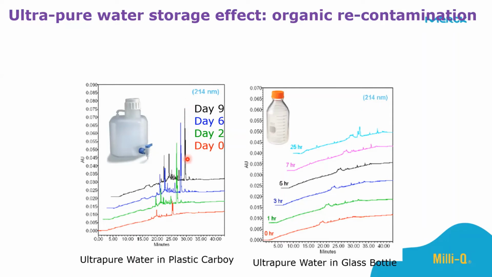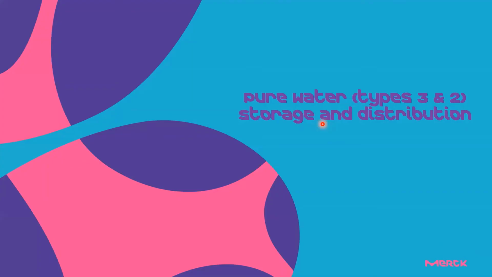And of course, this would really affect your experiments when it comes to HPLC. And this is not really so significant when it comes to glass bottles. So it also really depends on where you're putting your water, because again, it will dissolve the materials that make the container.